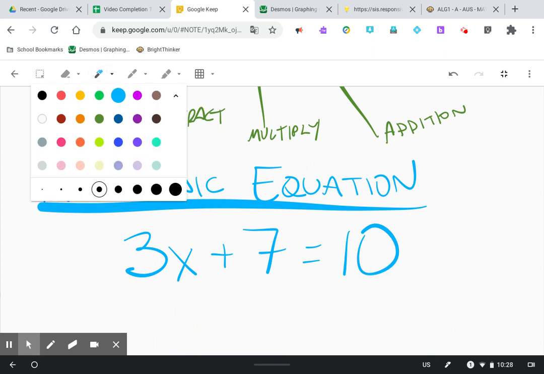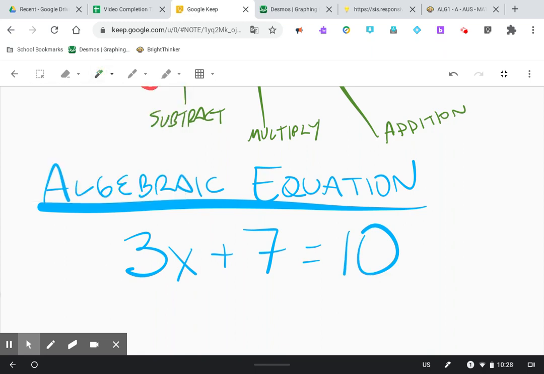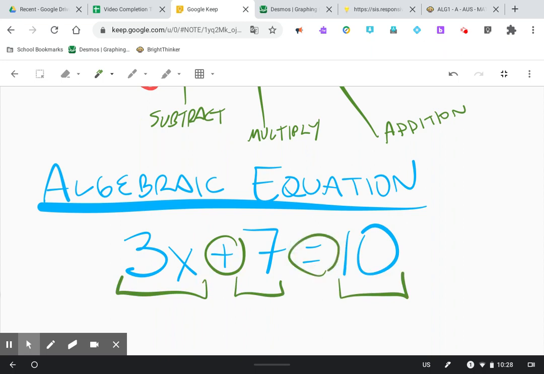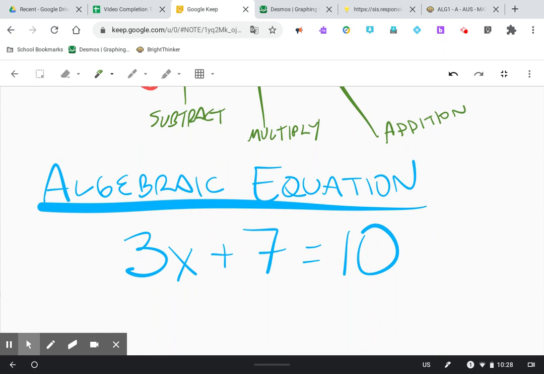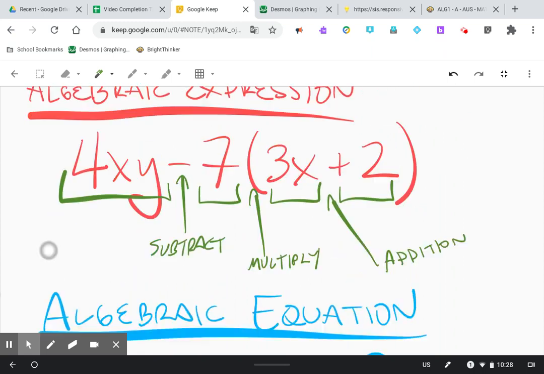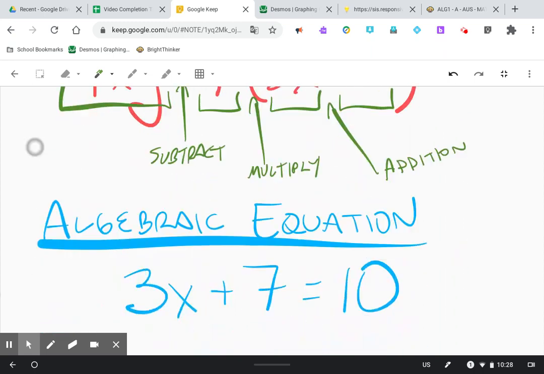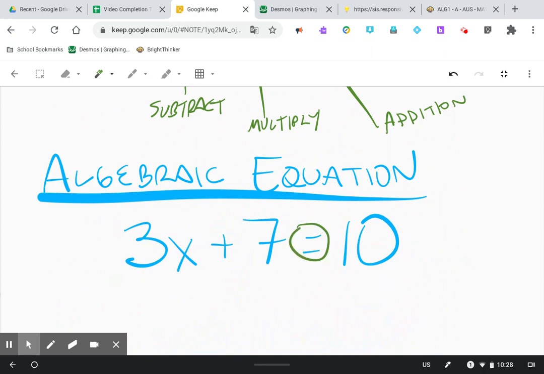Again, we have a group of terms. 3x is a term, 7 is a term, 10 is a term, joined together by operators like plus and relation symbols like equals. So all of this combines together to make an algebraic equation. It's like you took an algebraic expression and introduced a relation symbol into the mix, and that's how you get an algebraic equation.